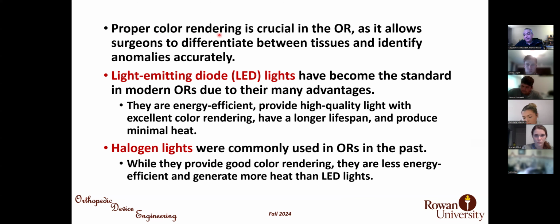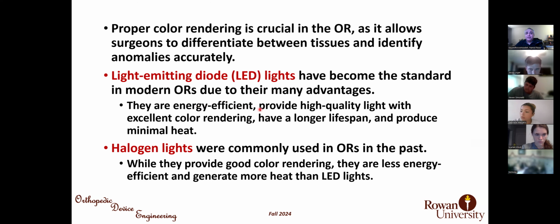It should not change the color of the tissues or be so bright that all the tissues have the same color. The surgeon must be able to differentiate between tissues easily. So previously, we used halogen lights. They were good, but with LED lights, almost all operating rooms are equipped with LED lights for both focus and general, for task and general lights.